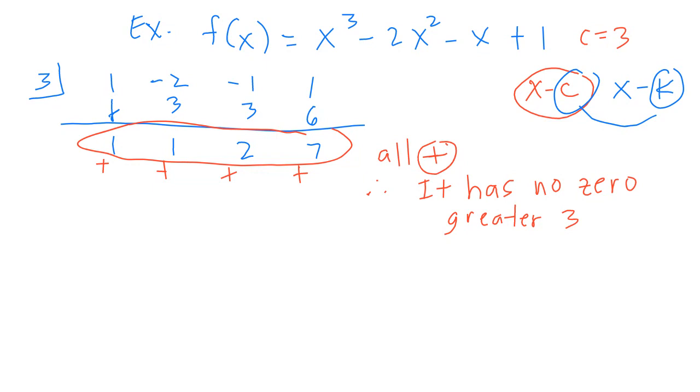Okay, so let's try when the value of c would be equal to 2. We know in the previous presentation that between 2 and 3 there is a 0 in between them.